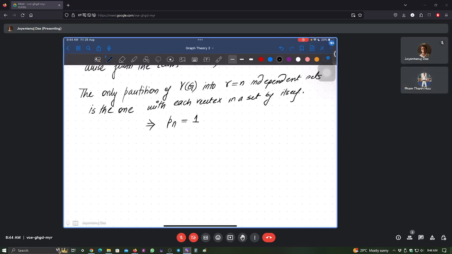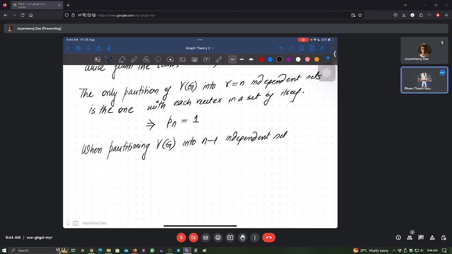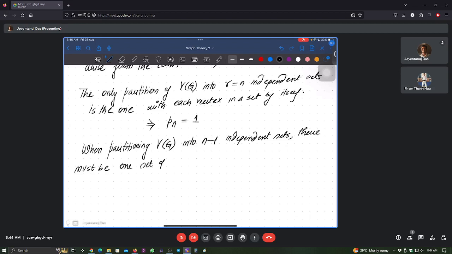Now the next case is r equals n minus 1. When partitioning the vertex set into n minus 1 independent sets, there must be one set of size 2 and the remaining n minus 2 sets of size 1.